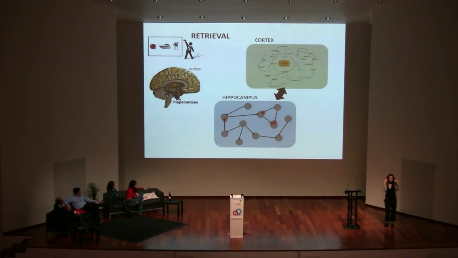So just the fact that you remember something, it's going to make that representation unstable. And that means that you have to consolidate it once again in order for you not to lose it. And that means that every time you remember something, it's a time where you can change and alter memory. And because it's actually altering the original memory representation, it means that you can alter it forever. So the original memory is gone. Now you have a new one.